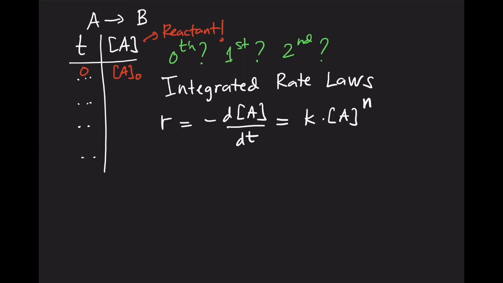Let's start from 0th order. We have 0th order. That means what we are going to have is minus dA over dt is equal to k A to the power of 0.